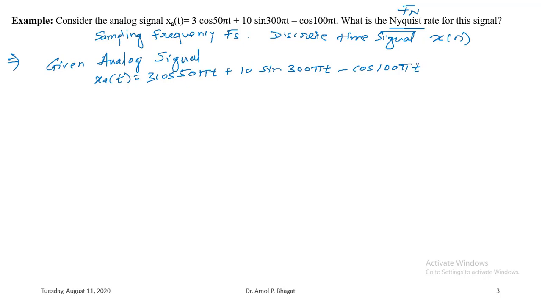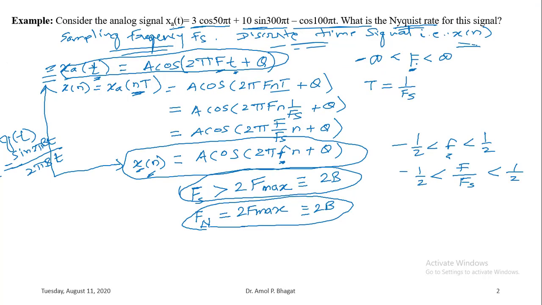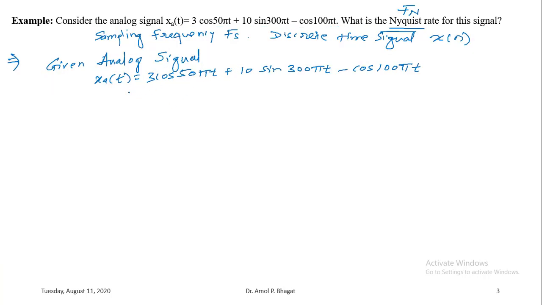If you compare this analog signal with what we have considered in the previous slide, we have taken x of t as A cos 2 pi f t plus theta, right? So if you compare this given x of t with what we have taken, right?